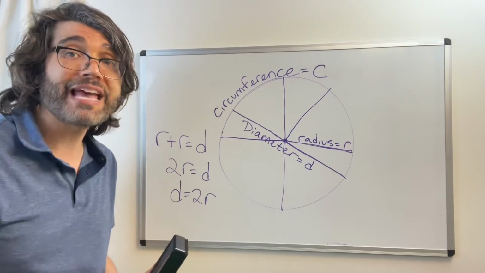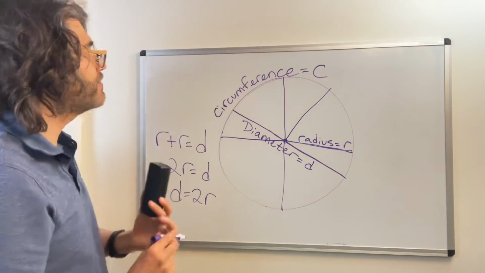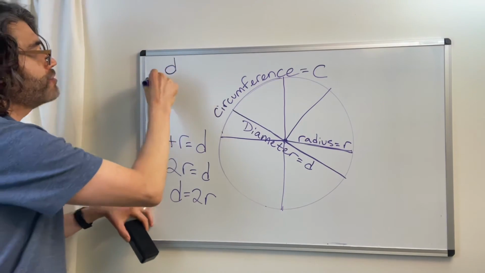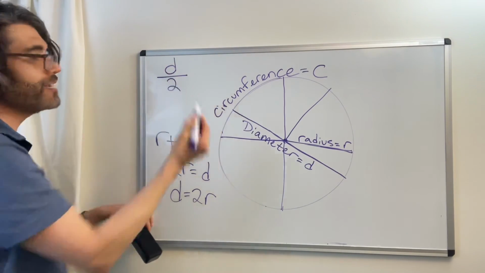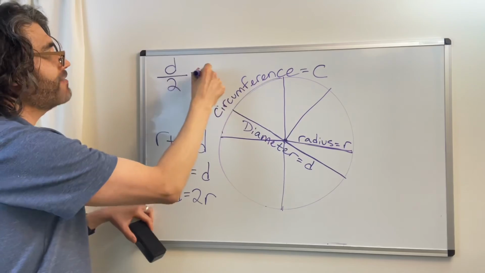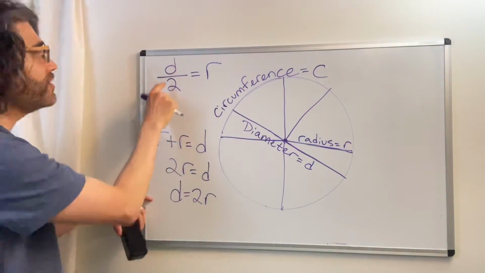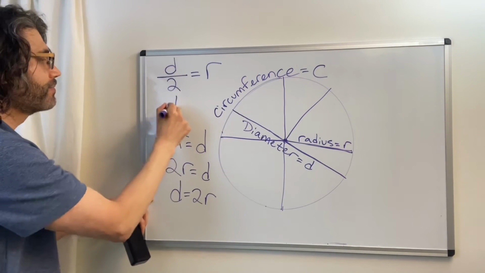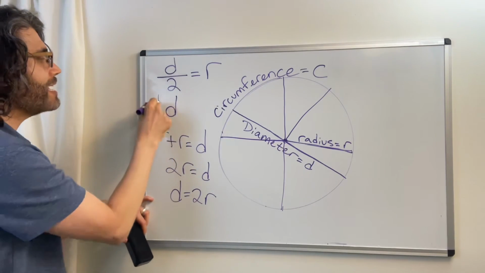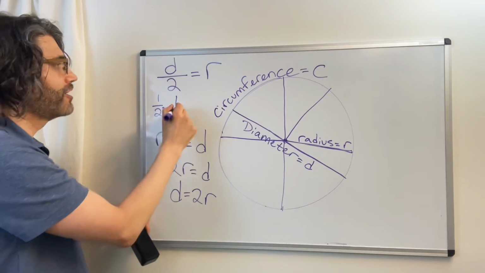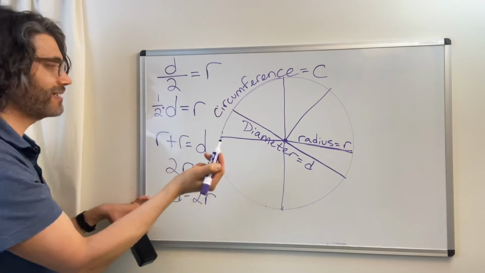So how do you represent that in terms of a formula? If you take a diameter, which we will call d, if you cut it in half, which means dividing by 2, then you have 1 radius. Another way to show it is if you have a diameter and you take half of it, which is multiplying by a half, you get a radius.